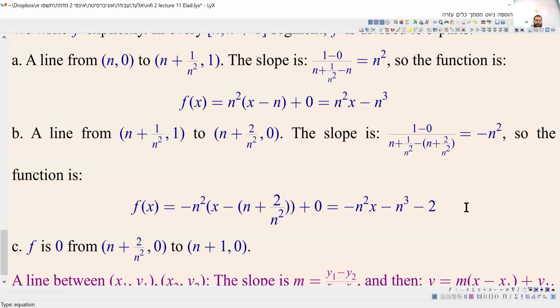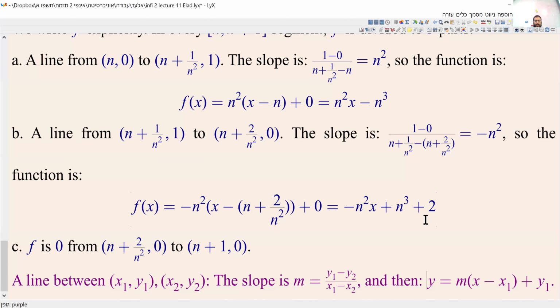Yet again, when one plugs in n plus 1 above n squared, he has minus n. No, something is not right. I'm doing it quickly and I'm failing miserably. It's plus, right? Because minus minus makes a plus. And right now it should be working fine.